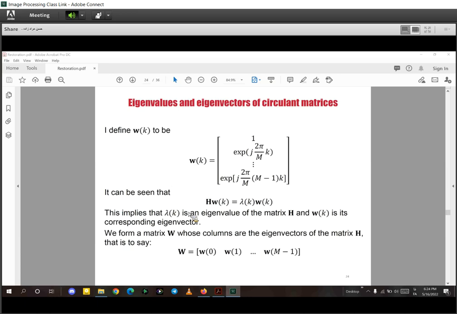Okay, the weight function, or the weight matrix W. It can be seen that H w_k is lambda w_k. Okay, lambda w_k. This is the meaning of eigenvalues. This item is the eigenvalue, and eigenvector. y(k) is an eigenvalue of the matrix H, and w_k is the corresponding eigenvector.